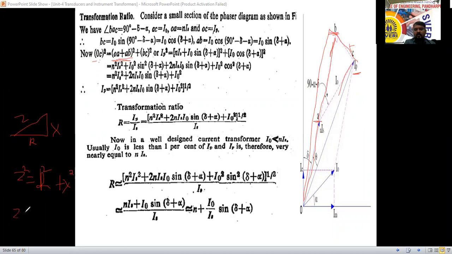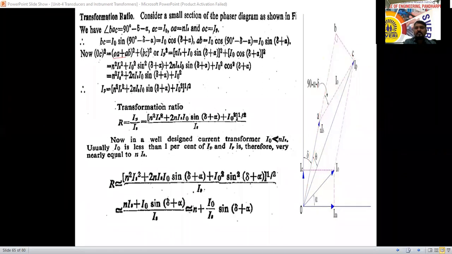Z equal to square root of R square plus X square, impedance triangle. Yes, sir. Same formula based on this one only we are identifying here now. So OC square equal to OA plus AB whole square plus BC square. That one only we are writing here.